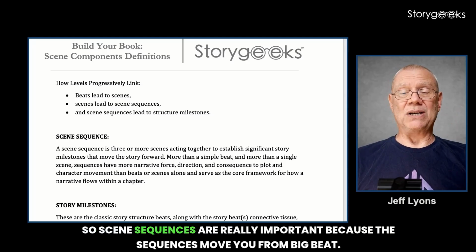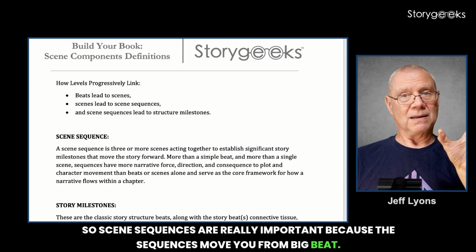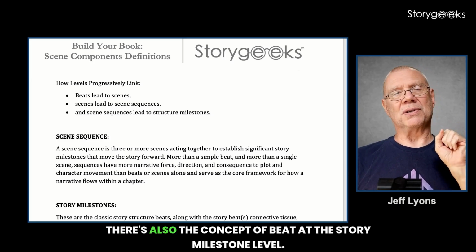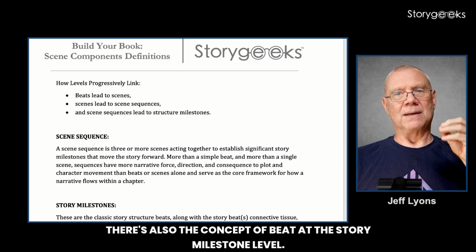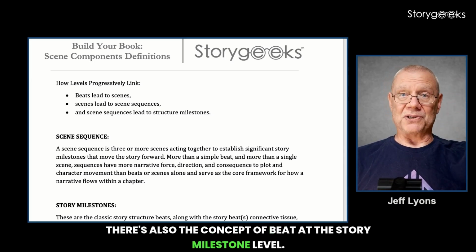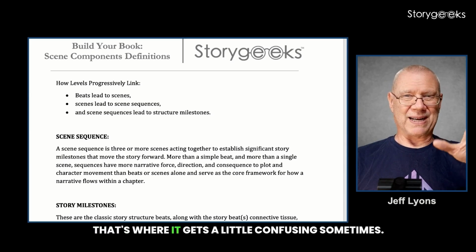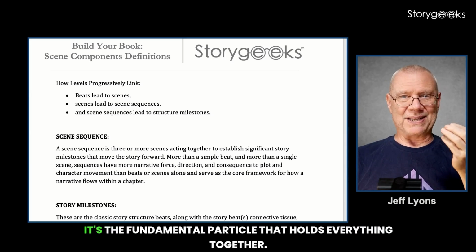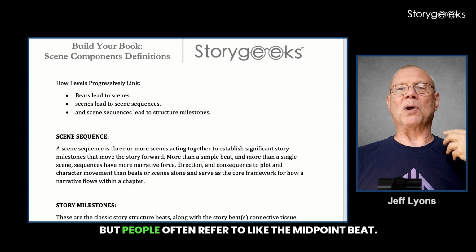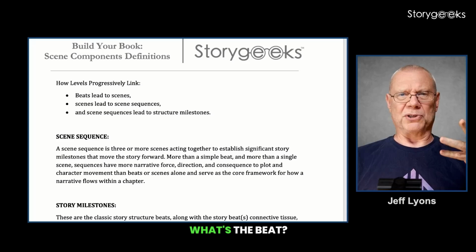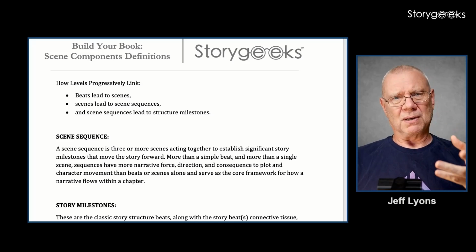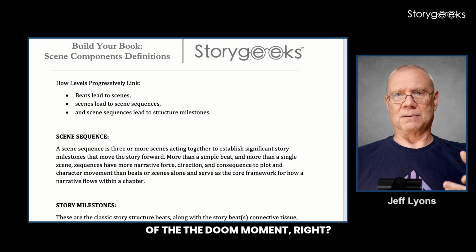So scene sequences are really important because the sequences move you from big beat. See, there's also the concept of beat at the story milestone level. That's where it gets a little confusing sometimes. It's the fundamental particle that holds everything together, but people often refer to like the midpoint beat. What's that beat? What's the beat of the doom moment, right?